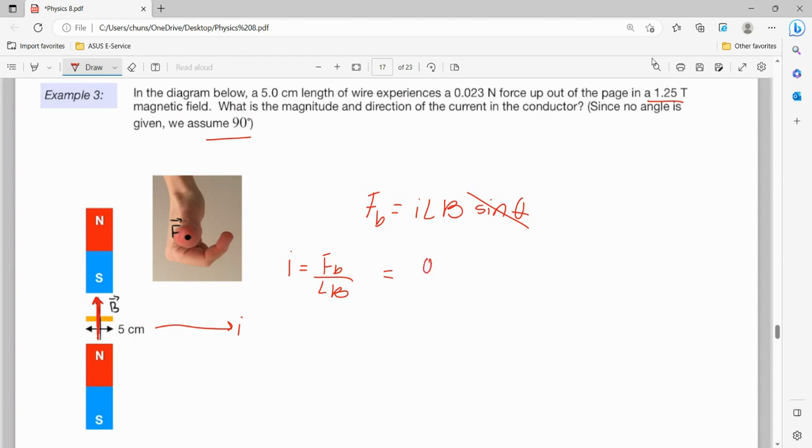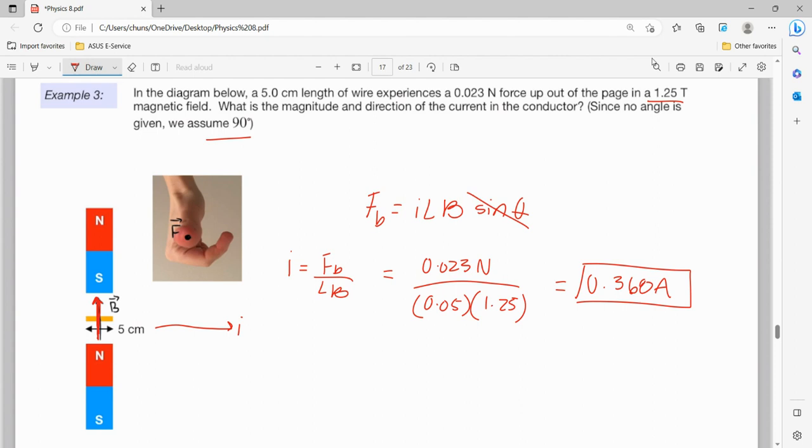And this is going to be 0.023 newtons over 0.05 meters times 1.25 Teslas. And this is equal to 0.368 amps, left to right.